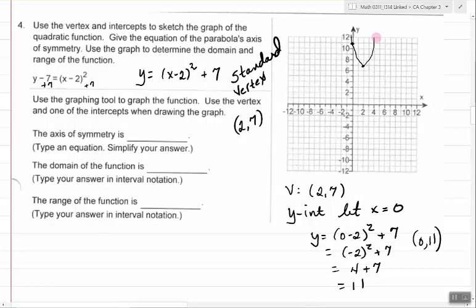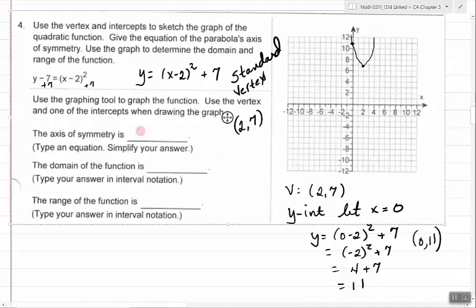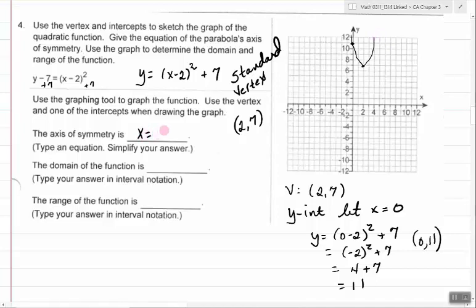All right, the axis of symmetry is x equals h, x equals 2, must be the equation, x equals a number. The domain has to be negative infinity to positive infinity. The range, the lowest y value is 7. It's the k value. This is going from 7 to positive infinity.